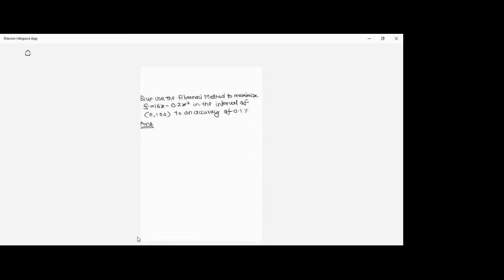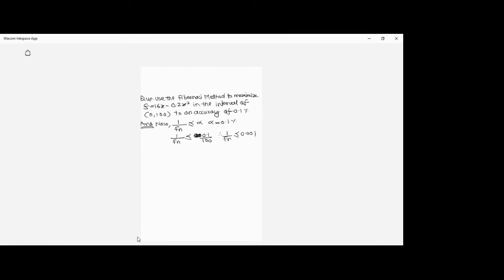So the relationship goes like this: the reciprocal of the Fibonacci number, 1 by fn, is less than or equal to alpha, but here alpha given is 0.1%, so we have to write it properly: 0.1 upon 100, therefore I can write 1 upon fn less than or equal to 0.001.